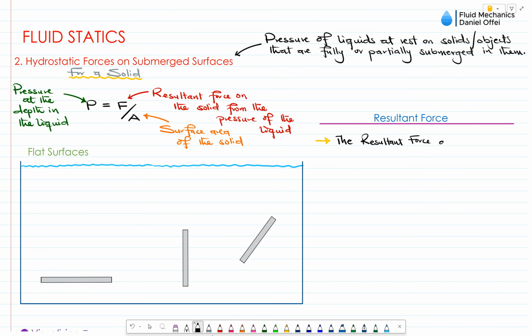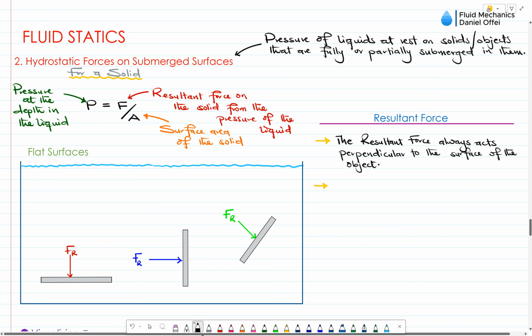The resultant force always acts perpendicular to the surface of the object. 2.